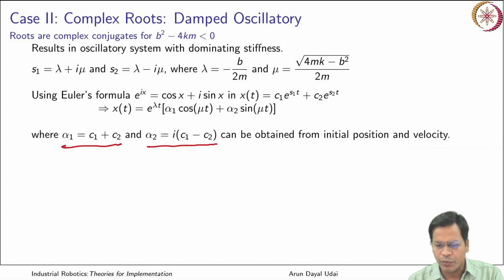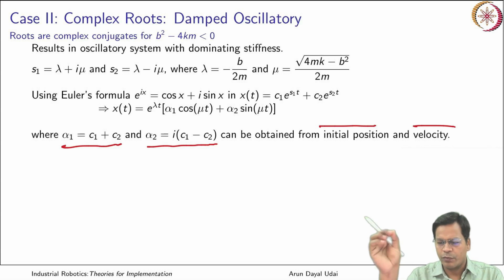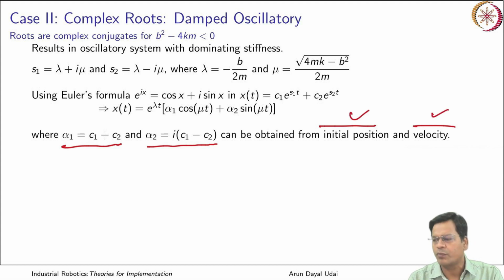They can be obtained from initial position and velocity. You already know at what displacement you have released your block and what velocity you have imparted. Those initial conditions can be put the way we did in the earlier example, and I can evaluate alpha 1 and alpha 2.